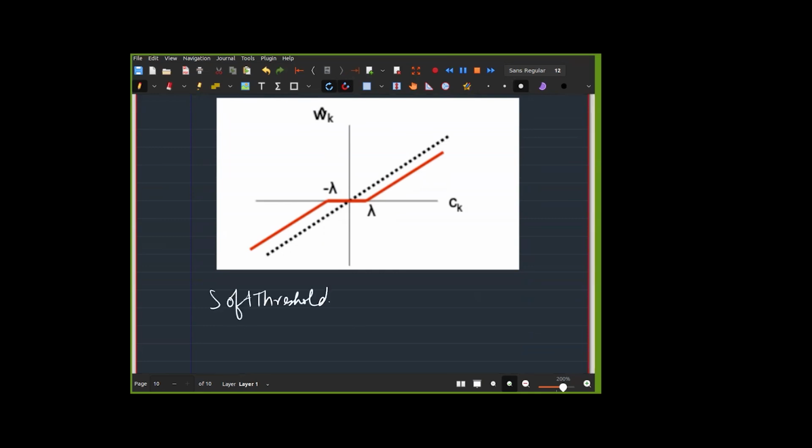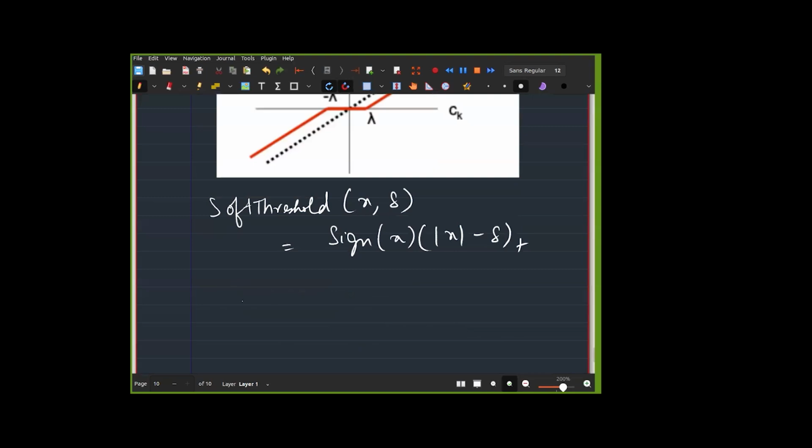Soft threshold takes two inputs, x comma delta, and that is equal to the sign or signum of x, which is plus 1, minus 1, or 0 based on the value of x, times mod x minus delta, plus. And again, x plus means max of 0 comma x. So this is called soft thresholding.